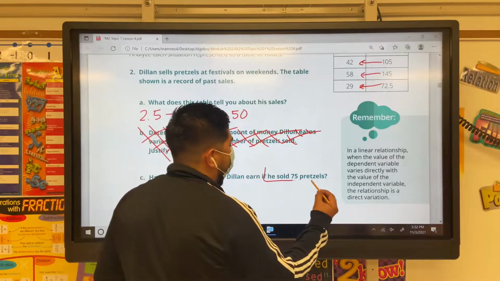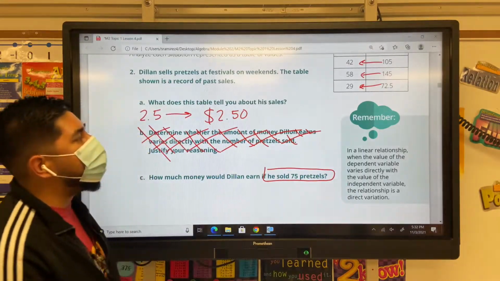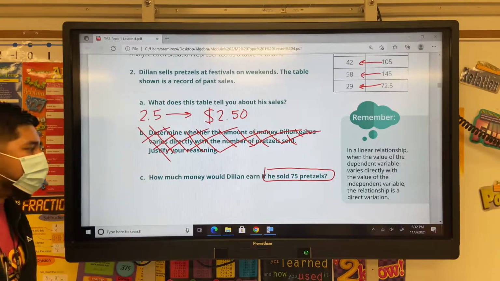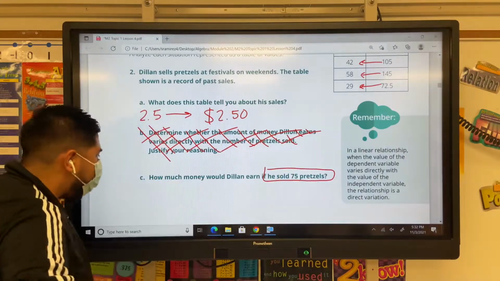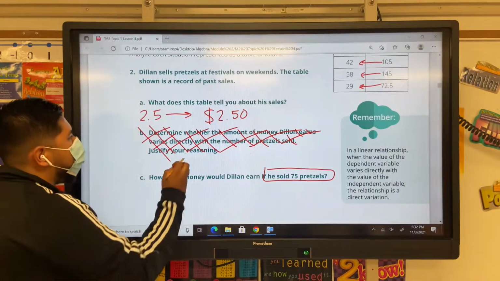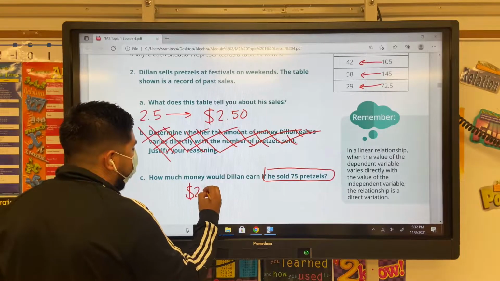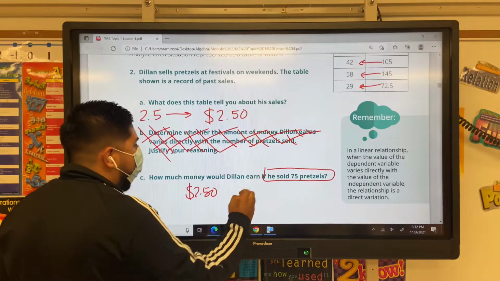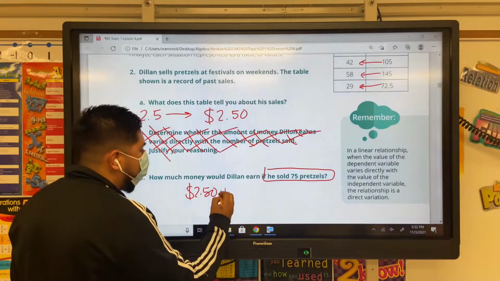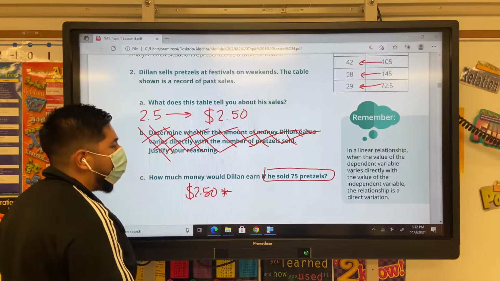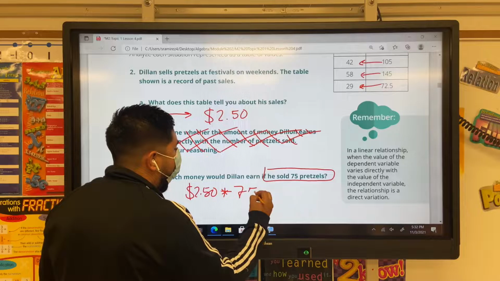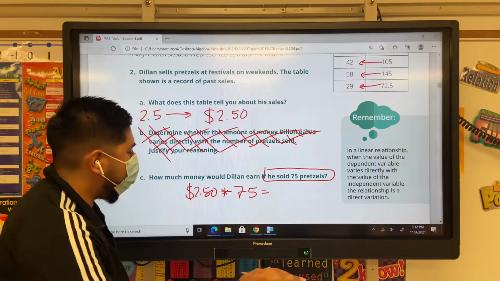How do I find out how much money he'll make if he sells 75 pretzels? Think. I know you know. Well, sir, if we know each pretzel is $2.50 and we need to know 75, shouldn't we just multiply it? And you're correct. Put that in your calculator.